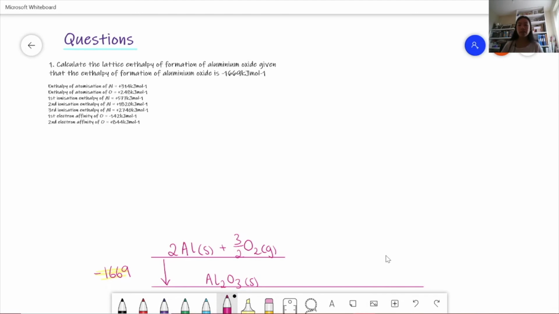The enthalpy of atomization of aluminium is when we form 1 mole of gaseous aluminium from aluminium the solid, so like aluminium in its standard state. And so we're going to form aluminium, and these are all going to be gases now. And then I'm going to leave the oxygen alone.